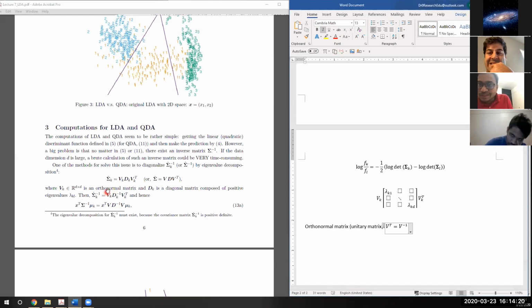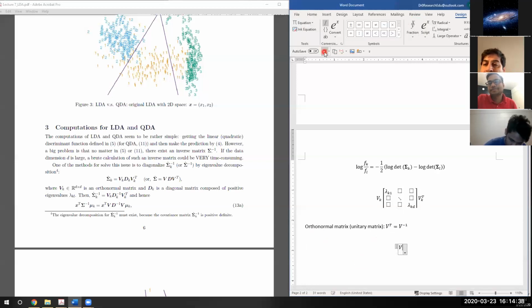What's the meaning of ortho? Actually, orthonormal means orthogonal and normal, right? So ortho means orthogonal. Orthogonal means, suppose I have V equals V1, dots, Vk, Vd, all of them vectors.